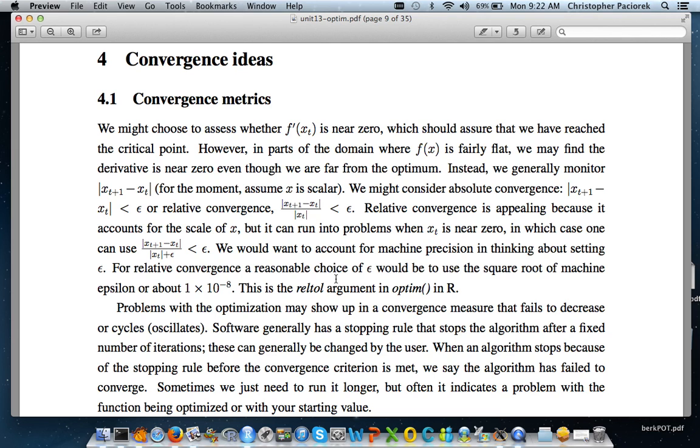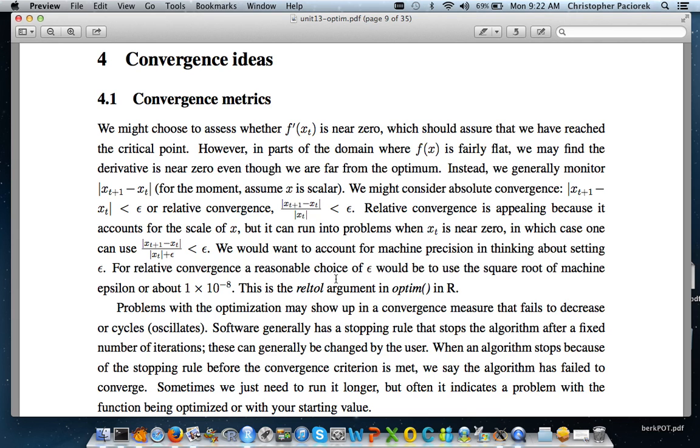Suppose my function was sort of flat and looked like this. Well, I might find that f prime is pretty close to 0 when it's out here, but that might actually be fairly far away from the actual minimum that I'm searching for. So there's a bit of a danger in using f prime itself and seeing whether, for some xt, f prime of xt is approximately equal to 0.